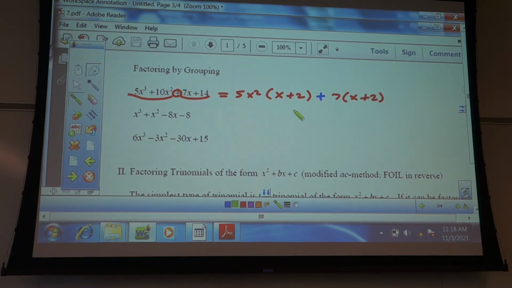Okay, so back to this one we're looking at here. Here, we've pulled out the 5x squared and the 7. Everybody on board? So what I'm left with here is 3 things being multiplied: a 5, an x squared, and an x plus 2. Let's take a little aside here.